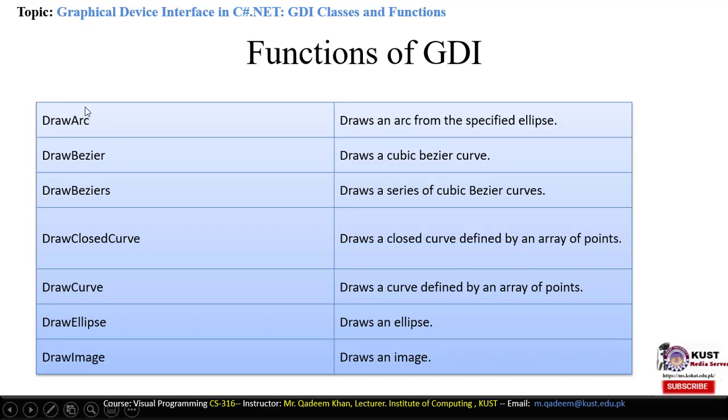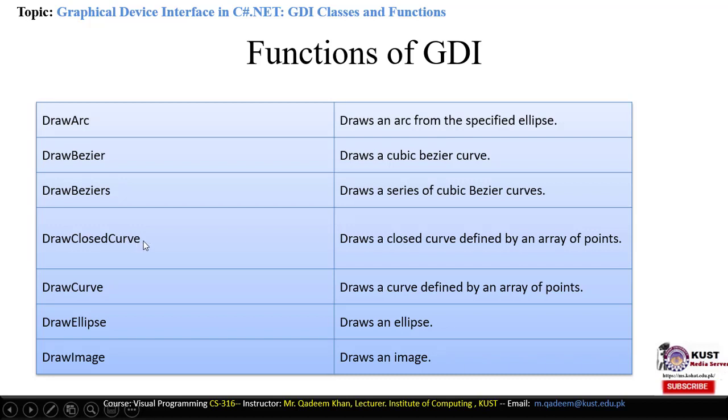The next is the draw Bezier. The draw Bezier draws a cubic Bezier curve. The cubic Beziers will be certain Beziers in which it will be in the form of the cube or the cuboid. The draw Beziers function draws a series of cubic Bezier curves. So there will be multiple Beziers in the draw Beziers function.